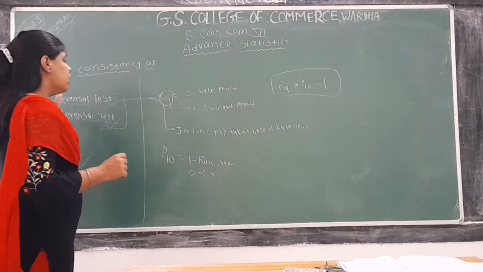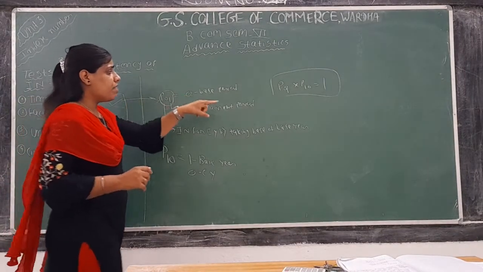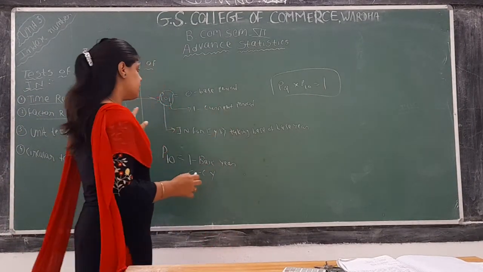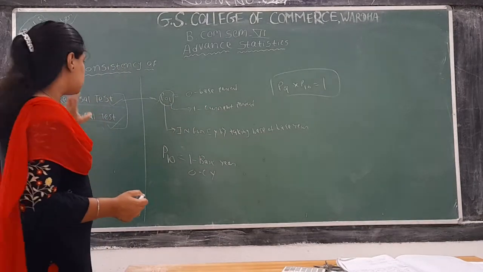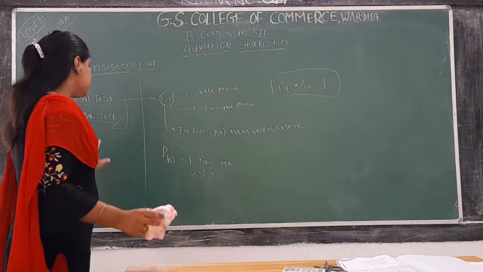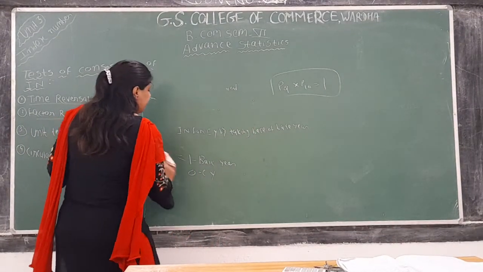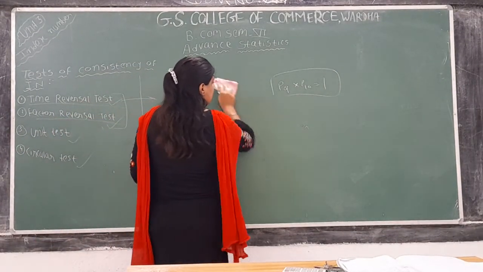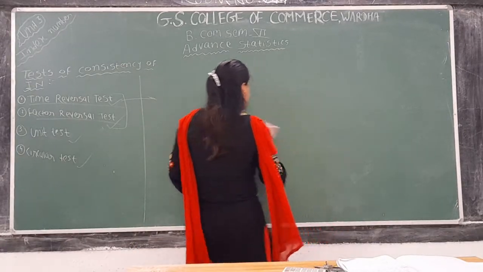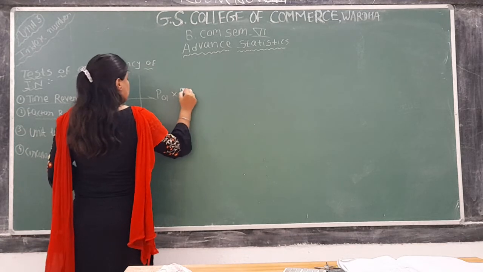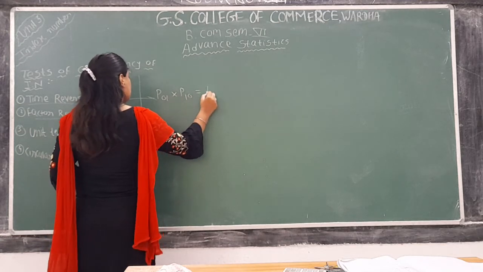And if P01 into P10 is not equal to unity, we say that the time reversal test is not being satisfied. So this way the time reversal test is used. The formula to satisfy the time reversal test is P01 into P10 equals 1.